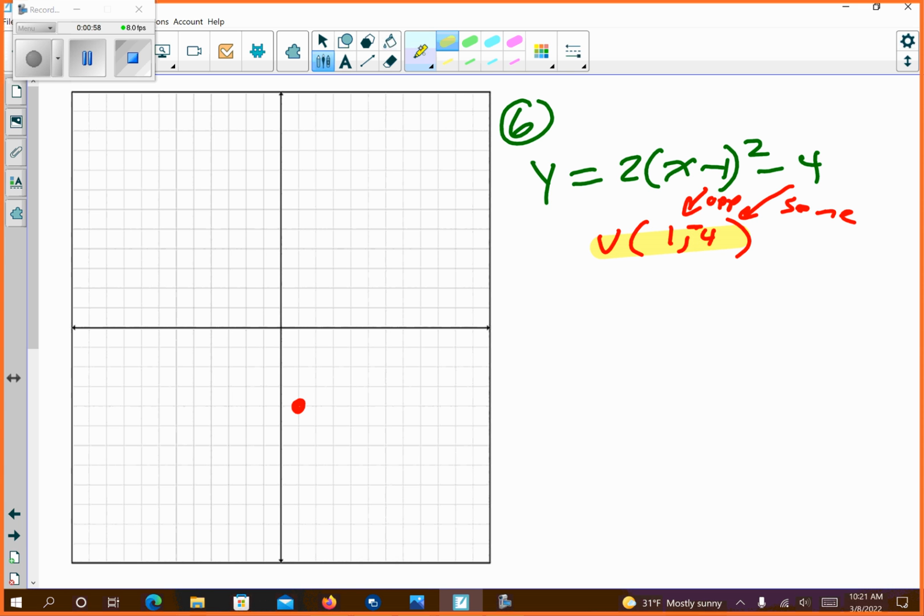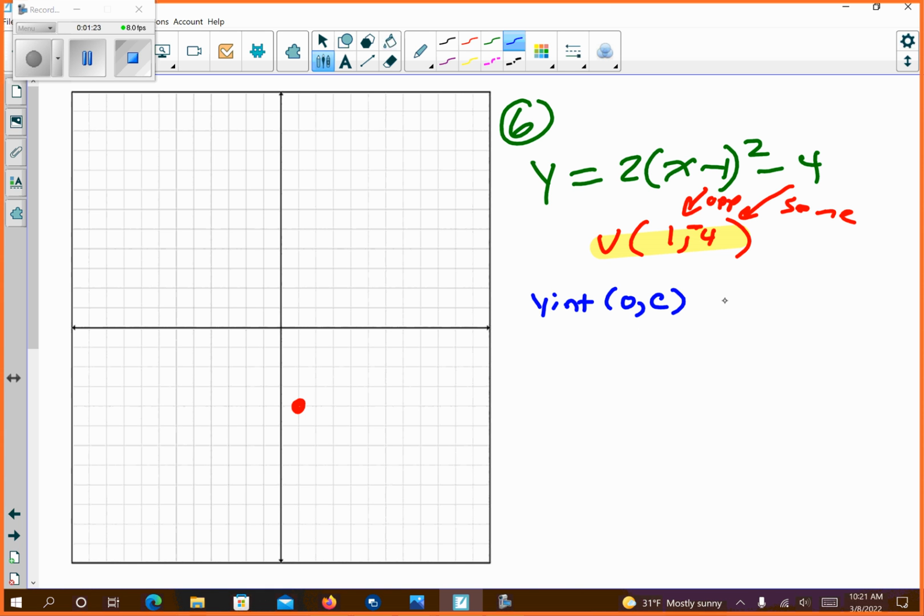Okay? It looks like our pattern graphing is going to provide us with the y-intercept. But I'm going to make sure, so the y-intercept is 0, c. My friends, when it's in the factored form, you can't just plug in the last value. A lot of people will say, oh, the y-intercept has to be 0, -4.